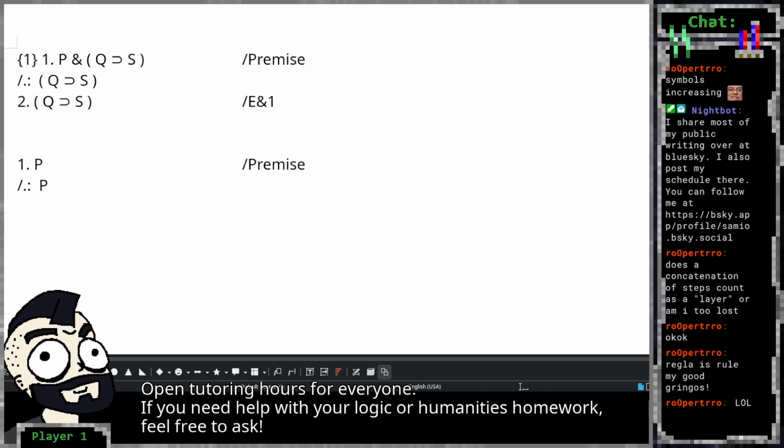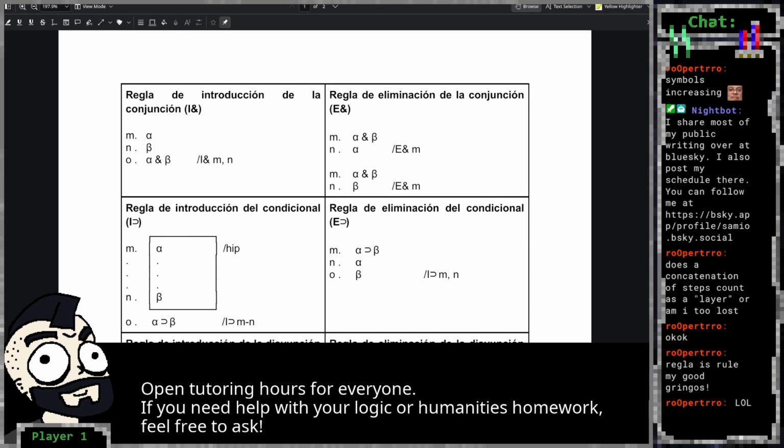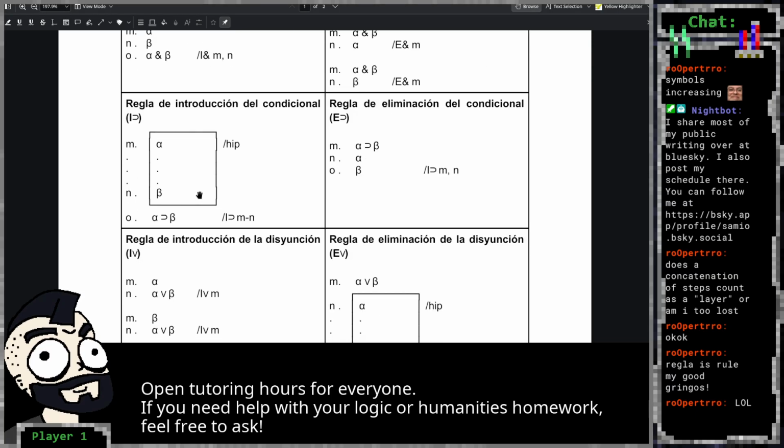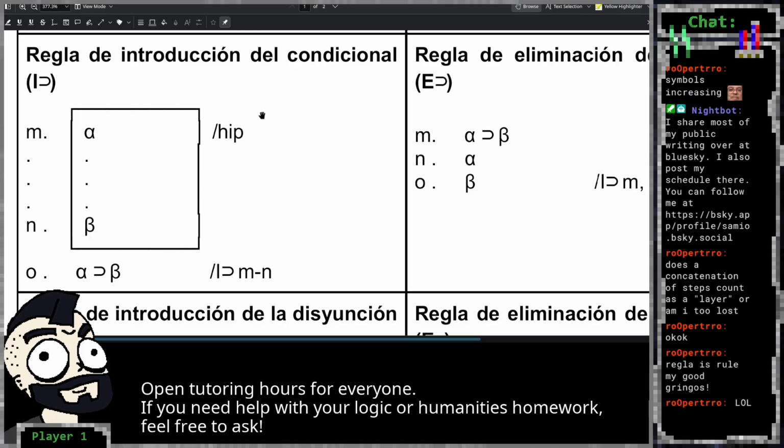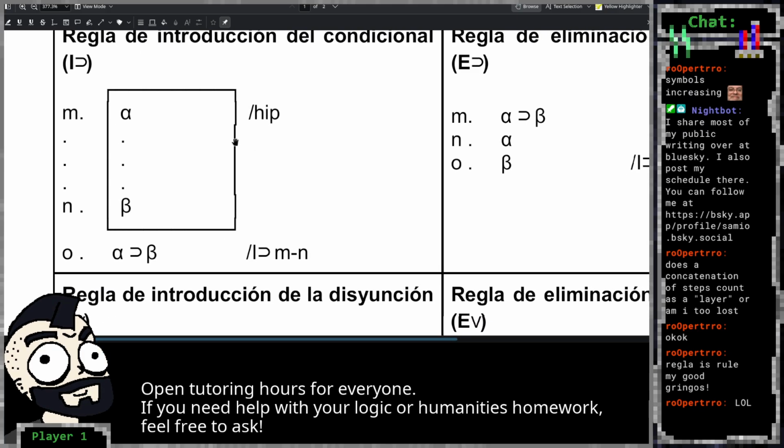Okay, so now that we have some examples, let's go over all of the rules so we can have some actual exercises going on. Conditional introduction is weird because we have to use something called a soft proof.